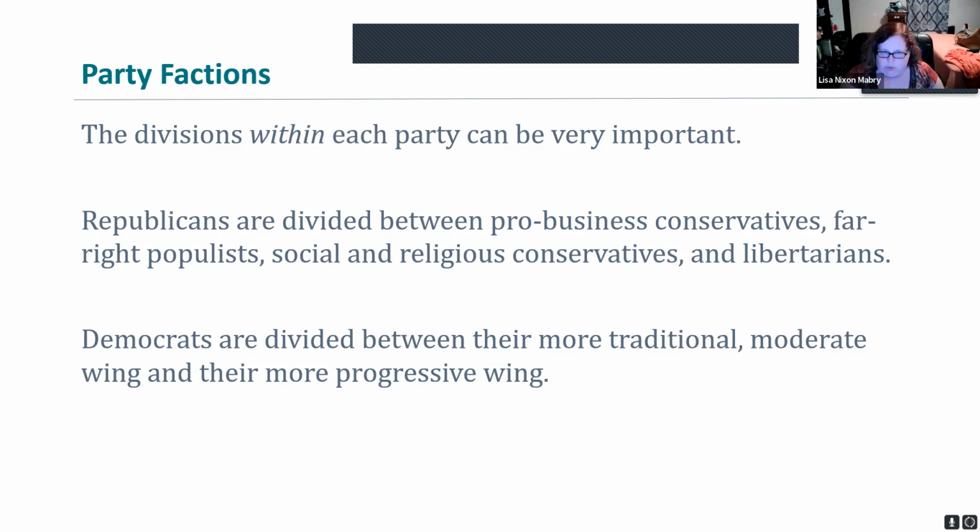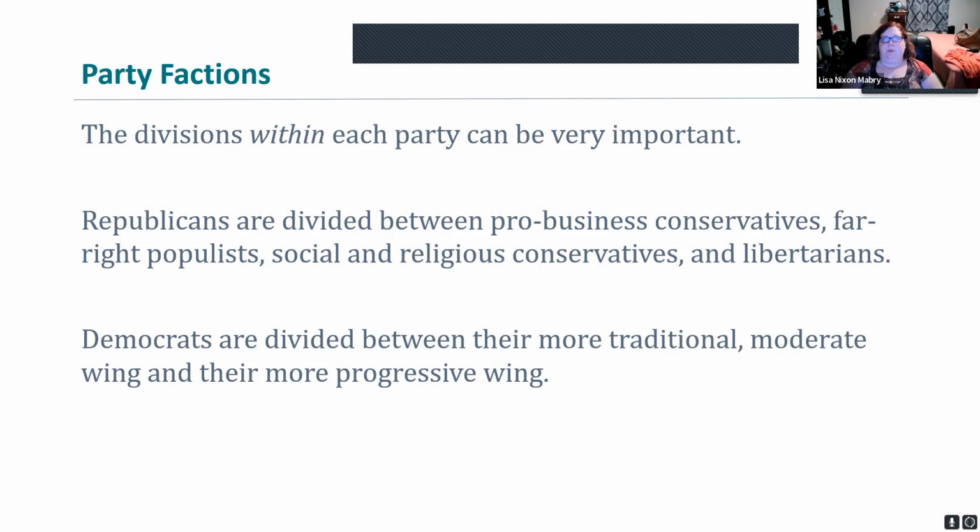Republicans sort of infight, I guess you could say, over different issues between people who are conservatives because they're pro-business, or far-right populists, or social and religious conservatives, or libertarians, which we talked about in previous chapters, who want very little to no government interference.